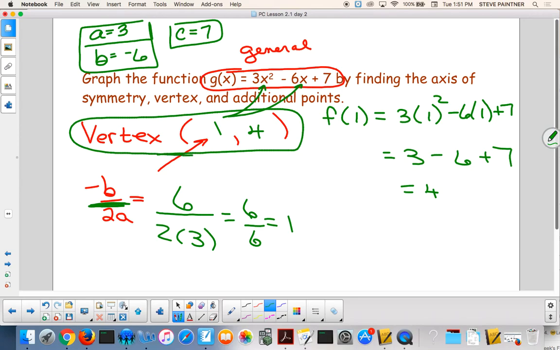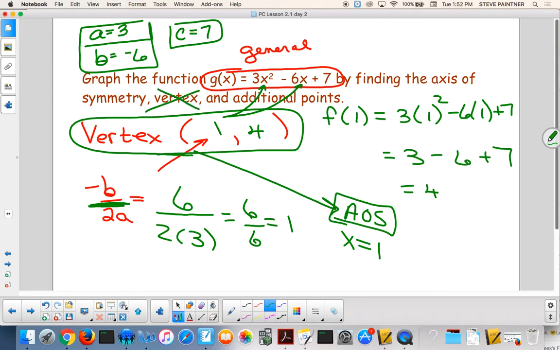So 1 comma 4 is your vertex. Your axis of symmetry, AOS, is what? X equals 1. I'm just trying to put down the information they wanted. They wanted the vertex done. They want the axis of symmetry done.